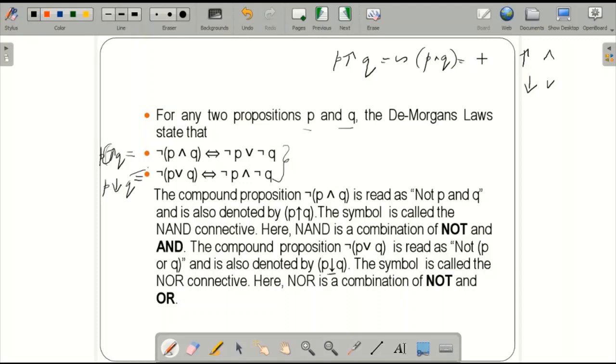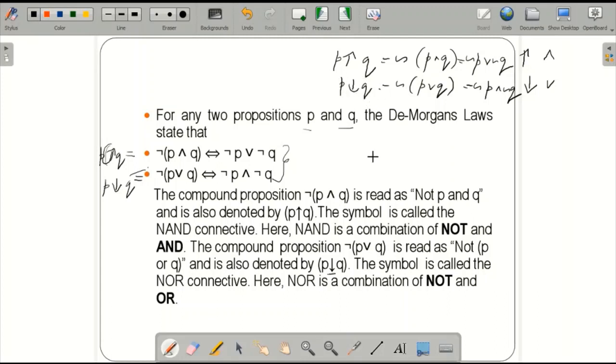By De Morgan's formula this is negation of P or negation of Q. For NOR, P NOR Q is negation of (P or Q), and that is equivalent to negation of P and negation of Q. So I replaced this with "not or", and this is called the NOR connective.